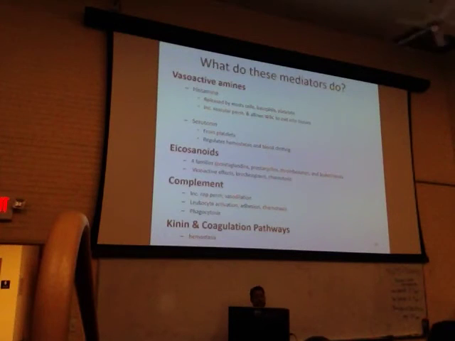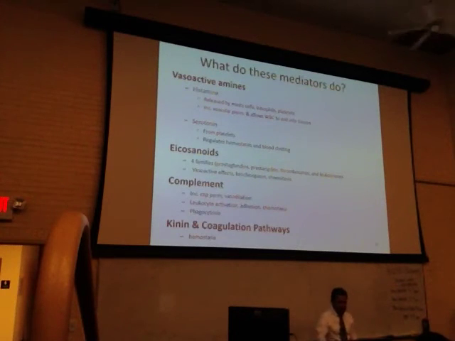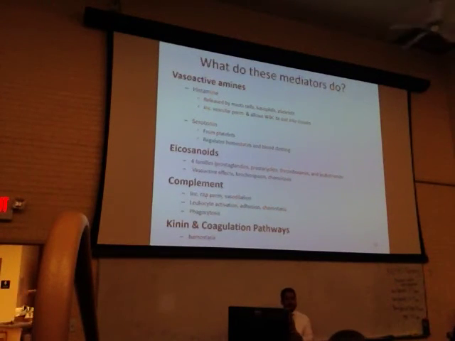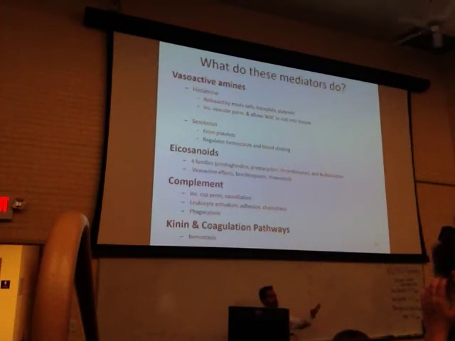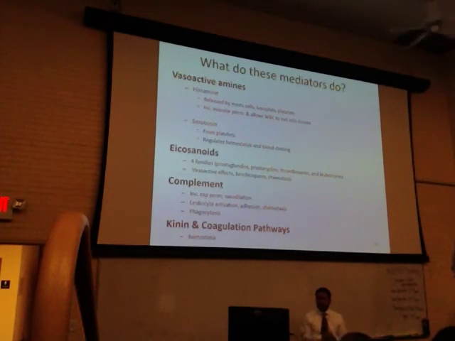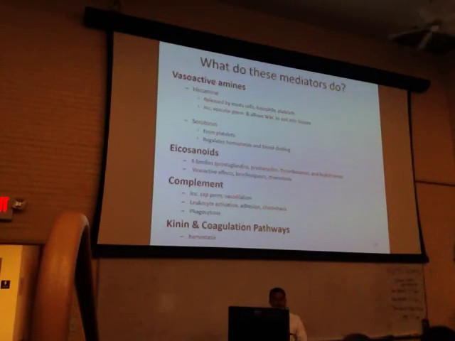With vasoactive amines, histamine increases vascular permeability and allows white blood cells to exit tissues. Serotonin regulates hemostasis and blood clotting. Eicosanoids, you got your 4 families of eicosanoids, all that come from arachidonic acid, and they have vasoactive effects, whether it's vasodilation or vasoconstriction, and chemotaxis.